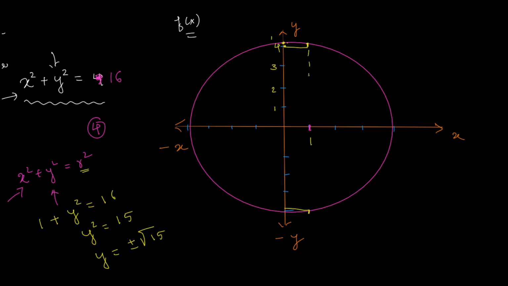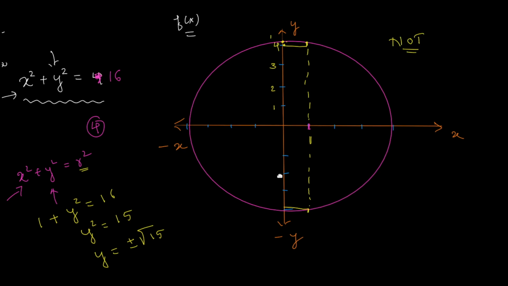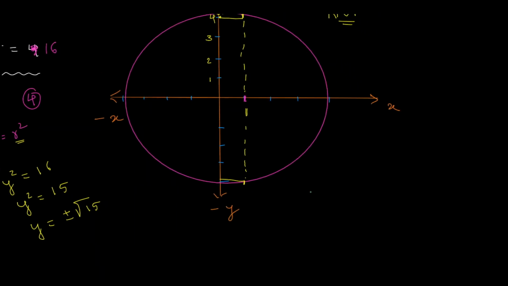So for a given value of x, if y assumes two different values, then such an equation is not a mathematical function. It's not a mathematical function because it is taking one input and giving two outputs, right? If it takes one input and gives output 1 and output 2, and sometimes even more than 2, that also happens.